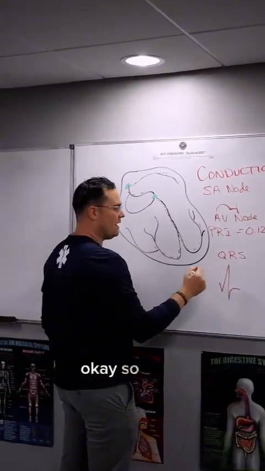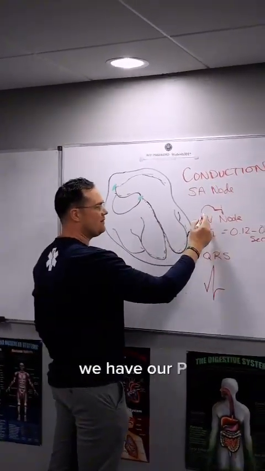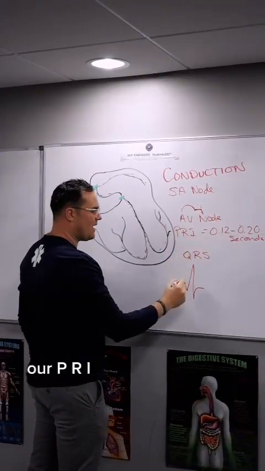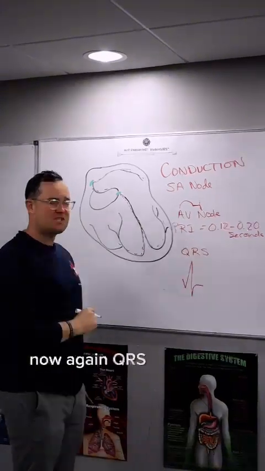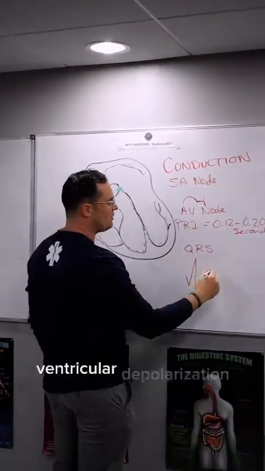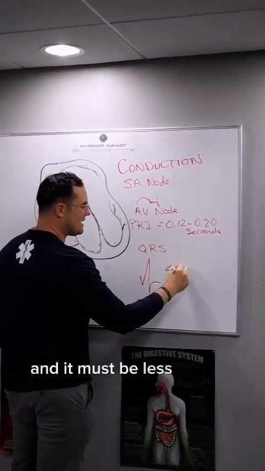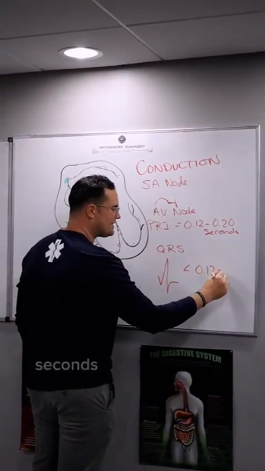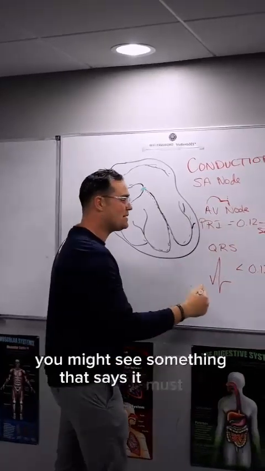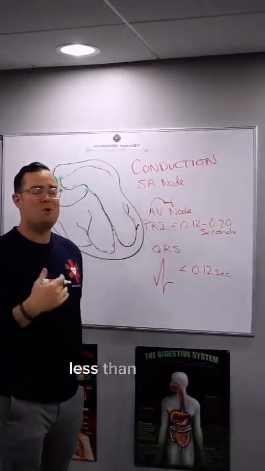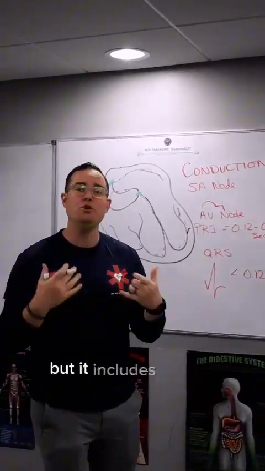So again, we have our P, our PRI, and then our QRS. Now, again, QRS just stands for ventricular depolarization, and it must be less than 0.12 seconds. I know in your textbook you might see something that says it must be less than 0.11, but it includes 0.11.